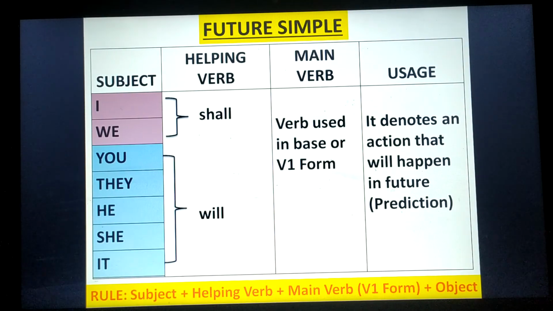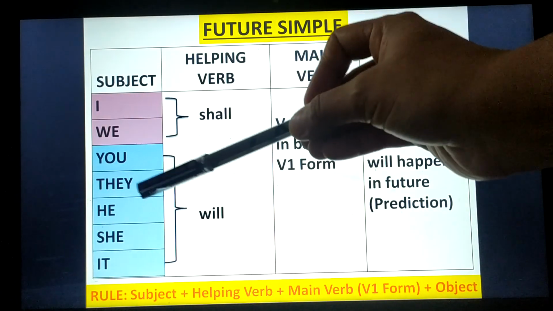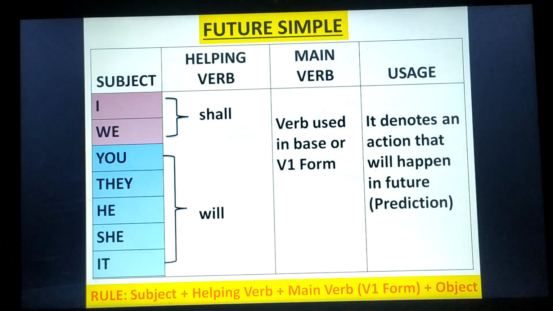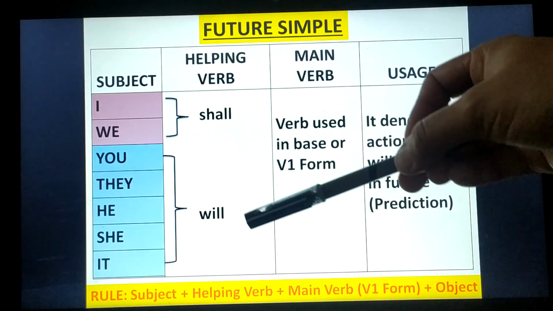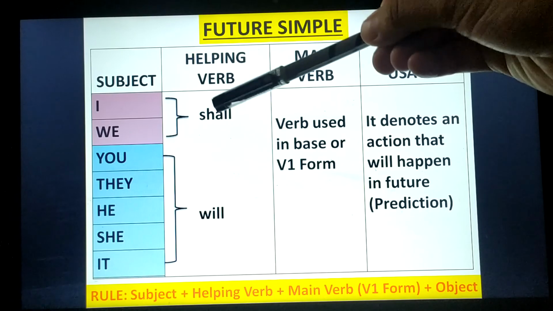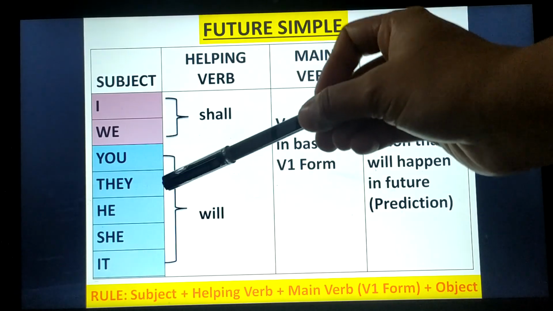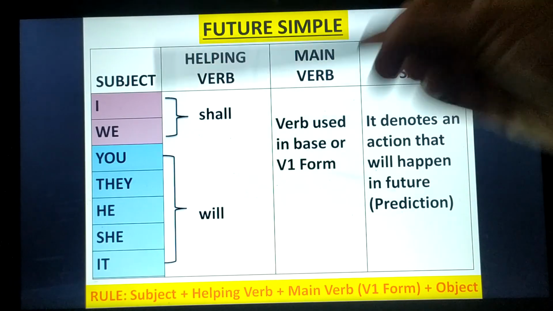For that, first of all, we will have to look at its uses. We use it to show the action that will happen in future, or we can say a prediction, right? So here we have subjects like I, we, you, they, he, she, it. Got it? And the helping verbs shall and will, we will use them accordingly. For I and we we will use shall, and for you, they, he, she, it, we will use will.